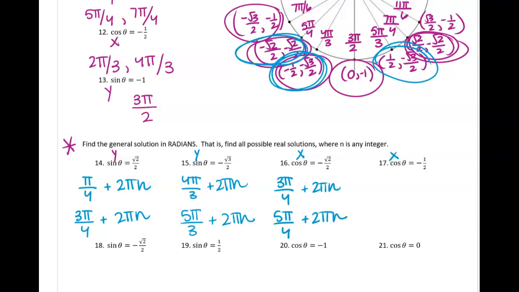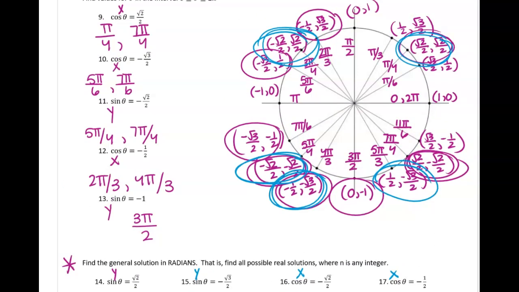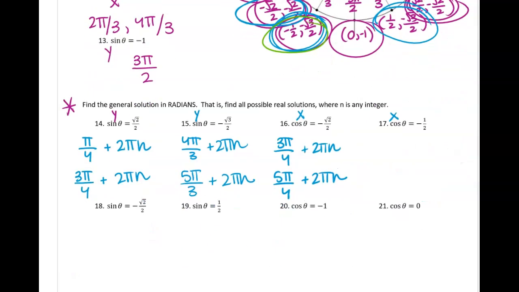Do one more. When is the x value negative 1/2? The x value is negative 1/2 over on this side. So it looks like 2 pi over 3 and 4 pi over 3. So then our answers are 2 pi over 3 plus 2 pi n and 4 pi over 3 plus 2 pi n.